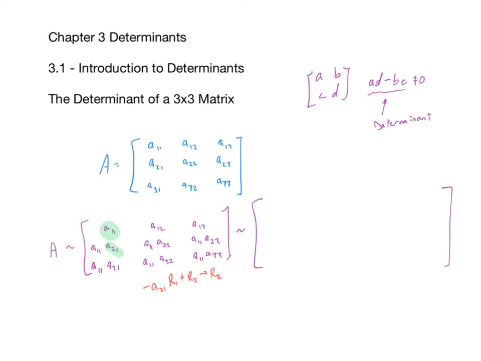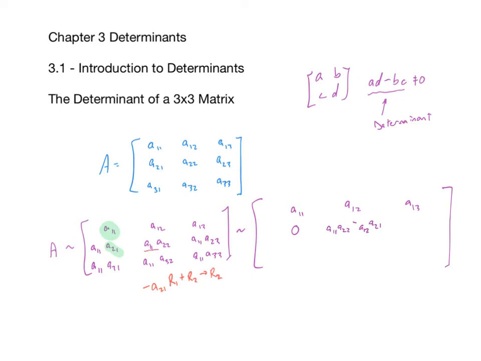And what we end up with across row 1, nothing happens: a11, a12, a13. Going across row 2, if I perform that computation, I would get a 0 in that position. I would end up with, I'm going to switch the order and write the positive term first, a11 a22 minus a12 a21, okay?